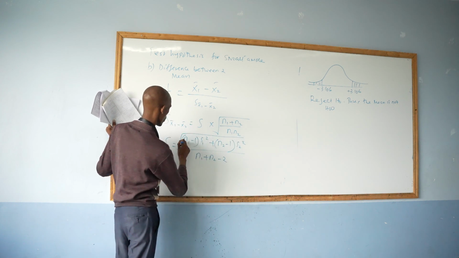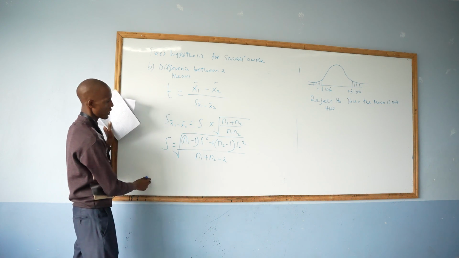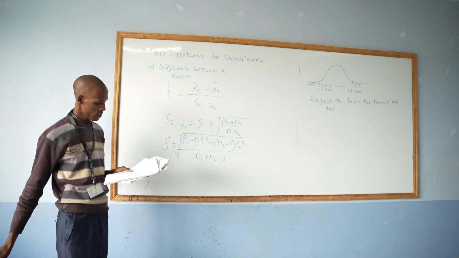The denominator, n1 plus n2 minus 2, is called the degree of freedom. Please take note of that.